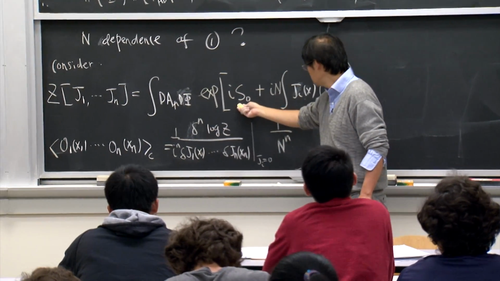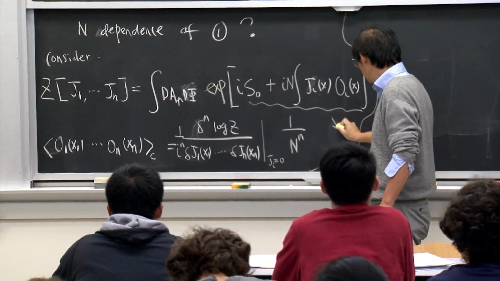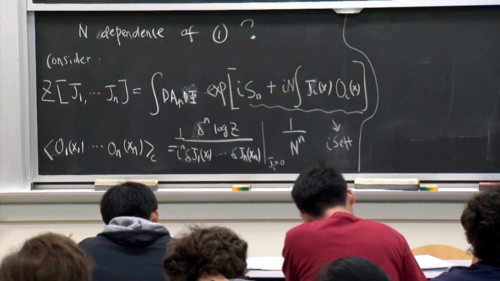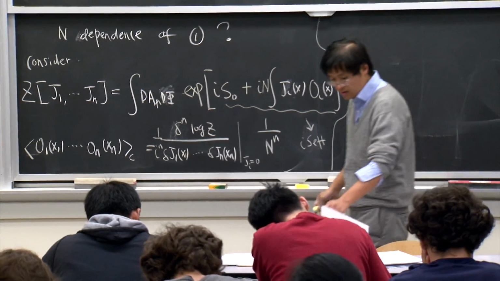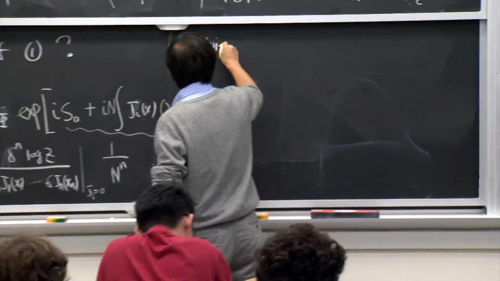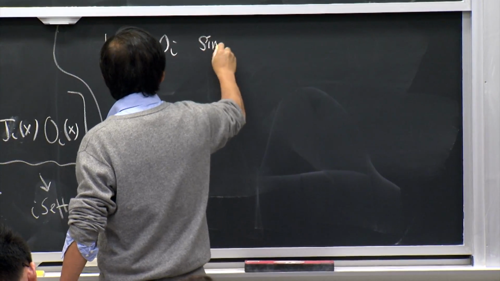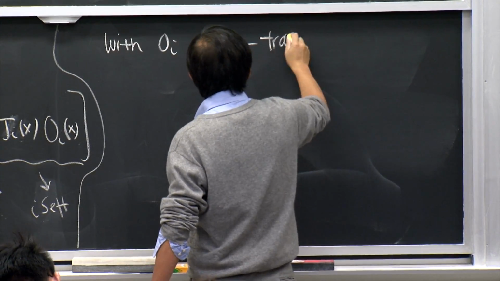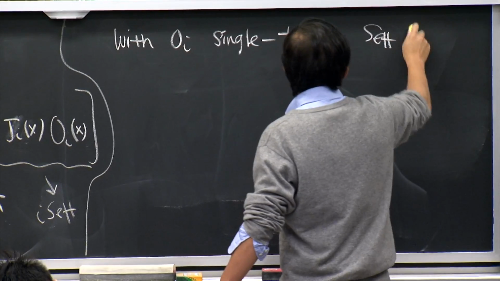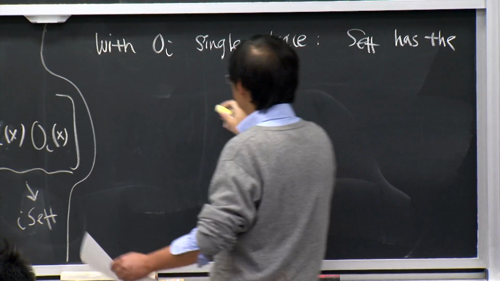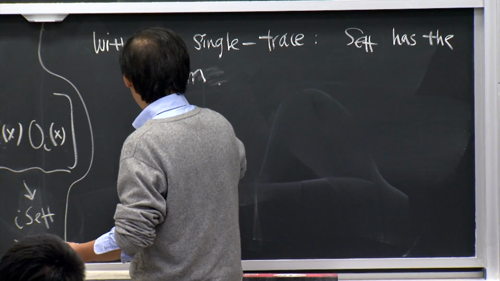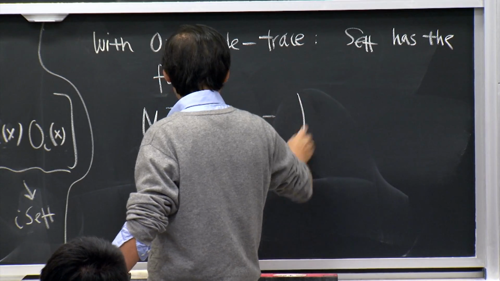It helps for the following reason. Let me call this whole thing S effective. The key thing is that with O_I single trace operators, this S effective then has the form N times the trace of something.